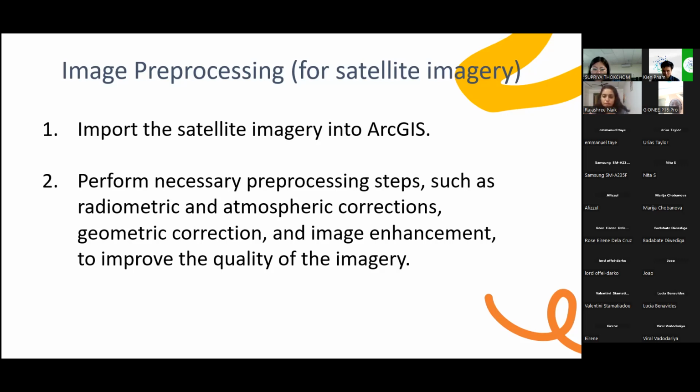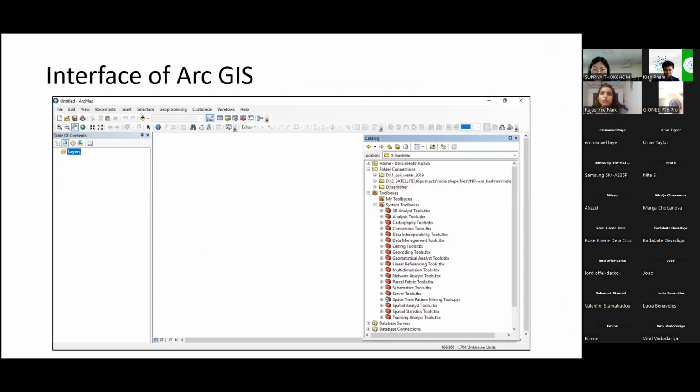So finally, we landed upon ArcGIS, the software where we will be learning about modeling and classification. This is the interface of ArcGIS software, which we can use to visualize our satellite data.